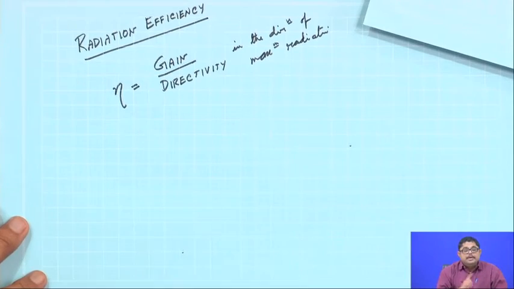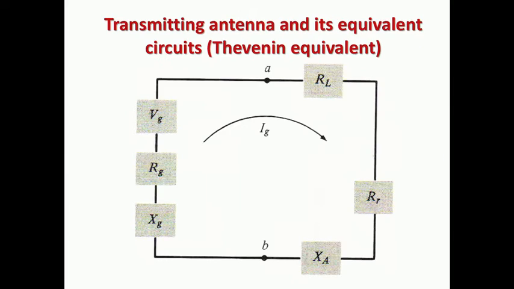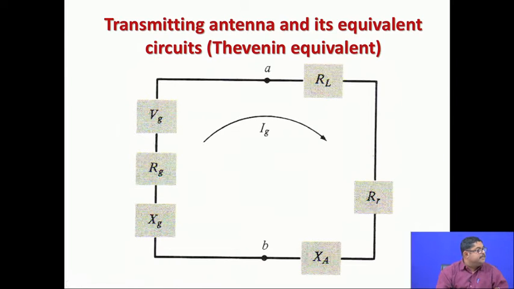Also, we have seen while discussing basic parameters that the antenna's radiation resistance and loss resistance, for simple antennas, come in series.